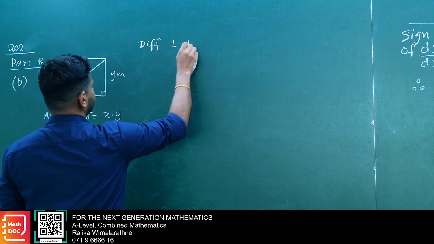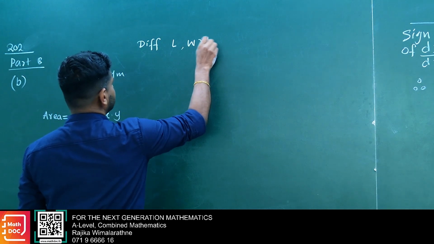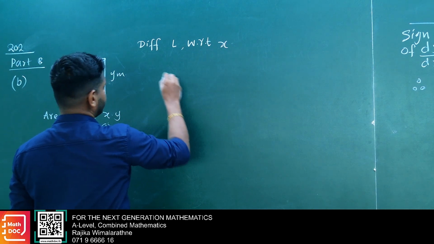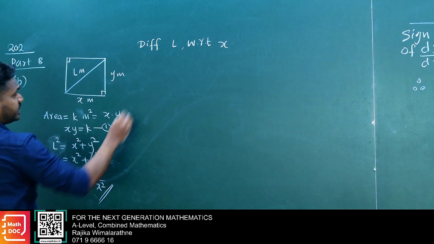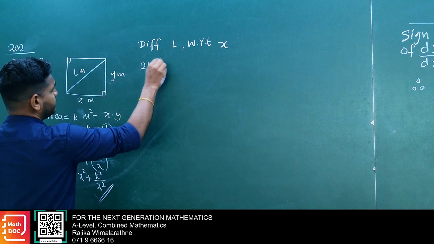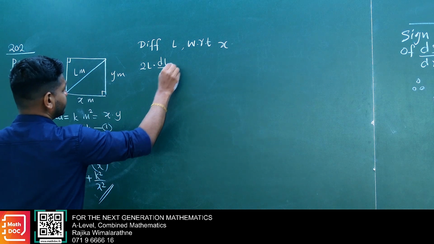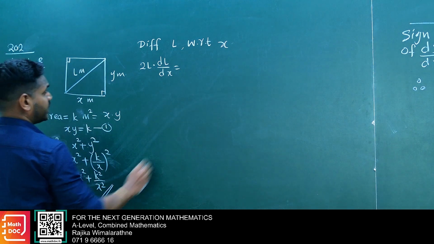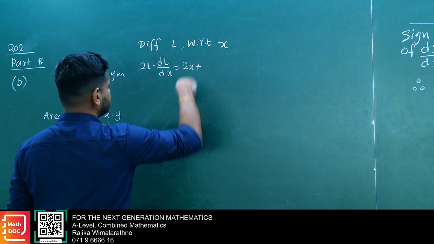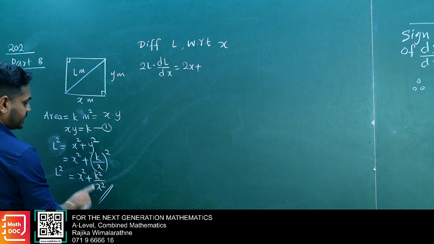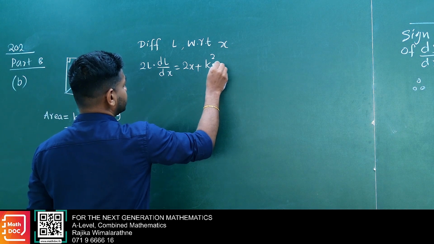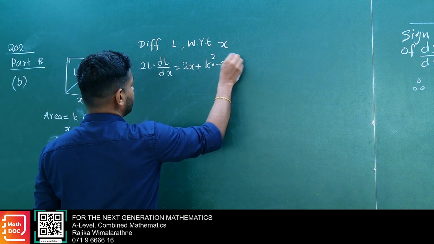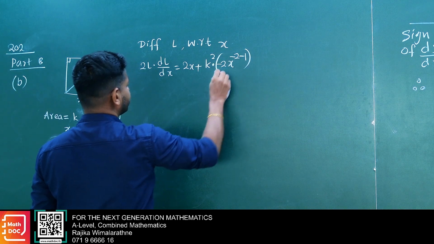Differentiate L with respect to x. Then the derivative of L squared, function of a function, is 2L times dL divided by dx. The derivative of x squared is 2x, plus the derivative of k squared over x squared, which is k squared times x to the power of minus 2, giving minus 2 x to the power of minus 2 minus 1.